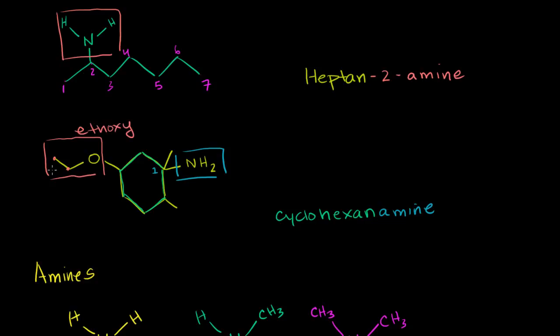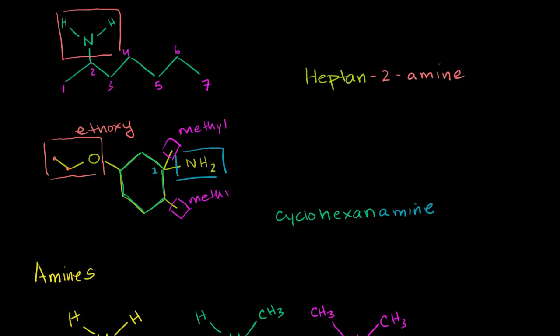We're going to have to think about how we're going to number this, so I'll leave that alone. And what are these over here? Well, this is a methyl group. That's a CH3 implicitly. You don't see it drawn, but there's a carbon there, and if a carbon is neutral, it has to have 4 bonds, and if you only draw one of them, the other 3 are assumed to be hydrogens. So this is a methyl group, and this is also a methyl group. So we have dimethyl.